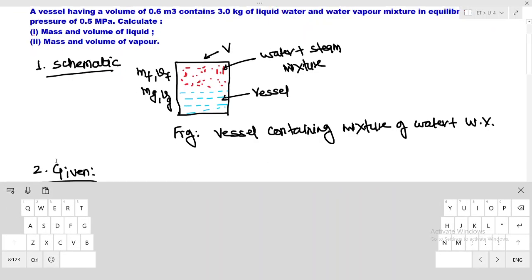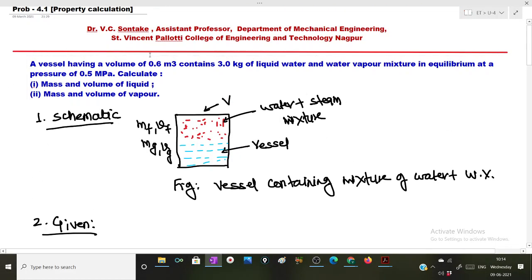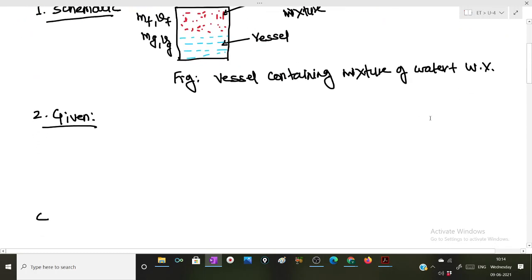So what are the different things given to me in this problem? First, total volume of vessel is given, 0.6 meter cube. 3 kg of liquid water and water vapor mixture, that is combined mass of mixture is given to me, and pressure is given to me. So volume of vessel is 0.6 meter cube.